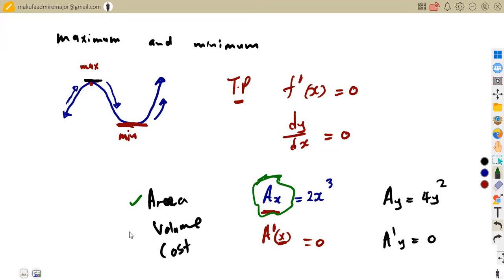Is it area? Is it volume? Is it cost? Determine an expression in terms of a certain variable, maybe x, y, or whatever you're given. Then you determine its derivative and equate it to 0 for maximum value. So this is the whole idea of maximum and minimum value.